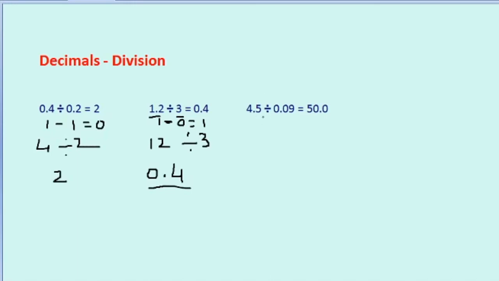Here, 4.5 divided by 0.09. We have to divide 4.5 into parts of 0.09. How many parts will we get? We will get 50. See how. 45 divided by 9 is 5. Now, how many decimals have we skipped here? 1.